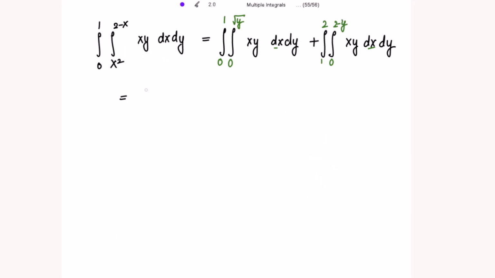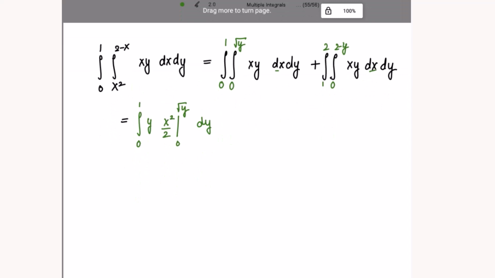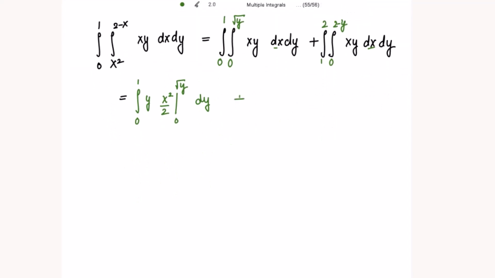So now solving the integrals. 0 to 1. Now integrating first with respect to x, taking y as constant. So this is x square by 2 from 0 to root of y, and this is dy. Plus integrating xy with respect to x, taking y as constant.